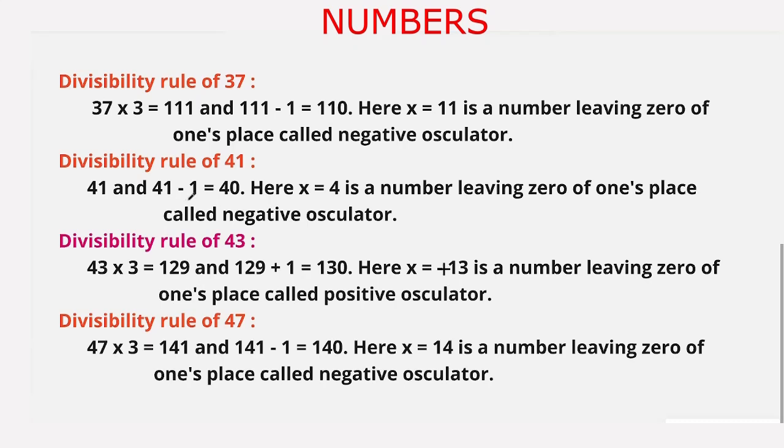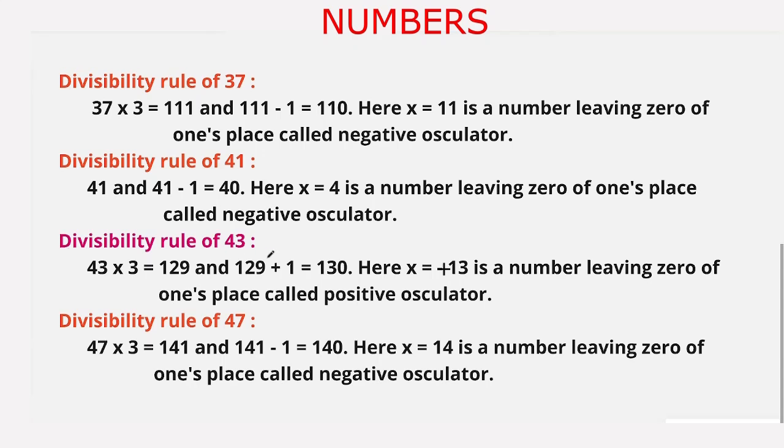So 41 minus 1 is 40 and we leave 0 of 40 and we get x equal to 4. As we are subtracting 1 from 41, so again the 4 is negative oscillator.